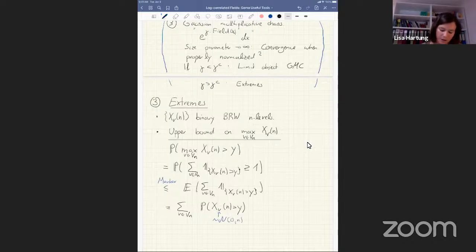And I know that all of these are exactly Gaussian with mean 0 and variance n. So this is nothing but 2 to the n times the probability that a Gaussian with variance n is larger than y.